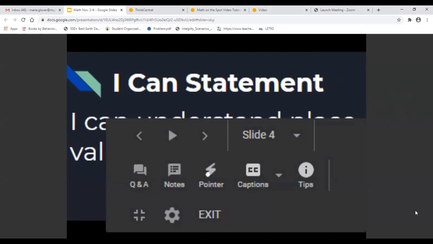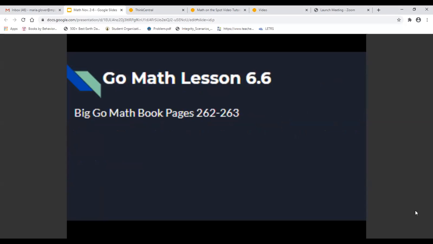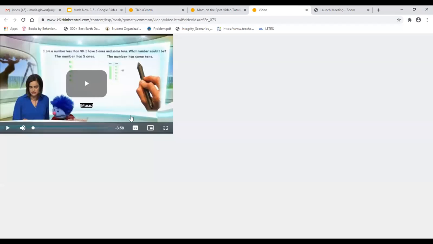Our I can statement is, I can understand place value. For today's lesson, we're going to be working on pages 262 and 263, and this is Go Math Lesson 6.6. Let's go ahead and get started with our Math on the Spot video.